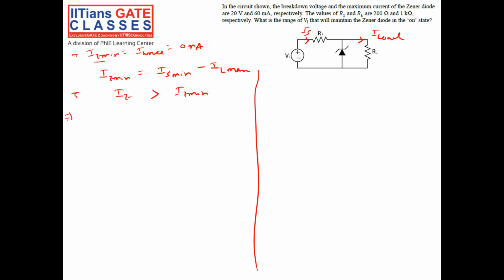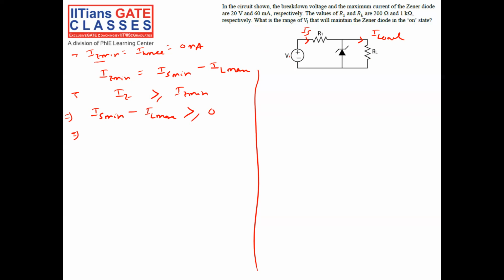This implies I source minimum minus IL maximum should be greater than or equal to Iz minimum, which is 0, right? What is Is minimum?